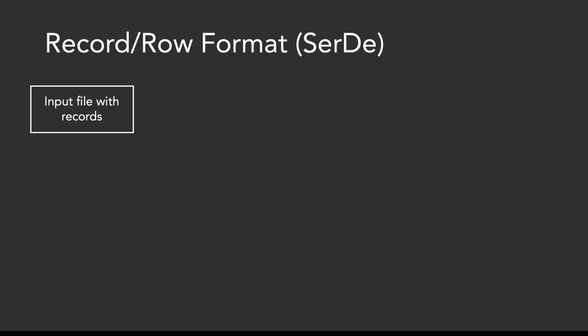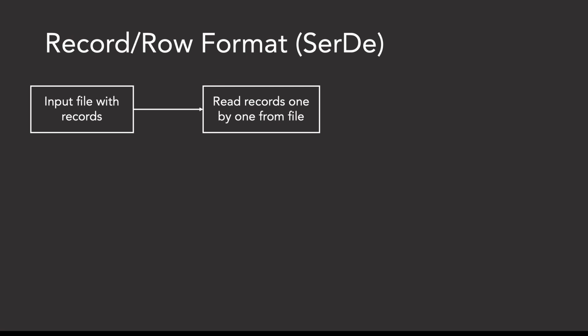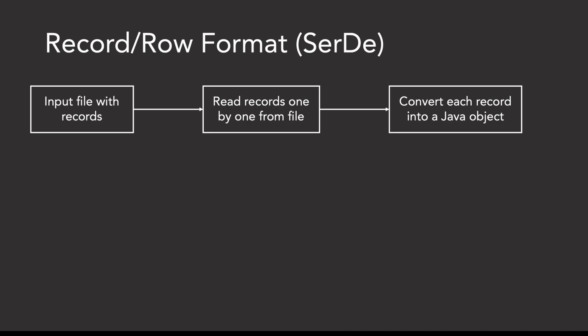So what happens is that let's say you have an input file with records. Hive will read those records one by one from the file, and you want to load these records to a Hive table. After reading the records from the file, these records would be converted to a Java object. Meaning, let's say if there are 10 records, then Hive will convert each of them to a Java object, and then we'll see 10 Java objects.